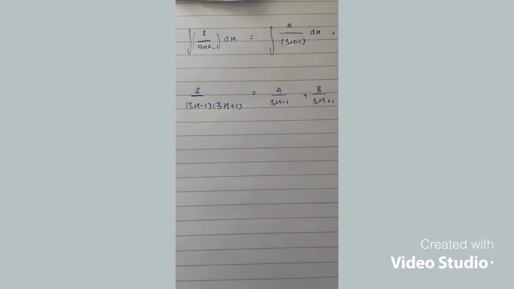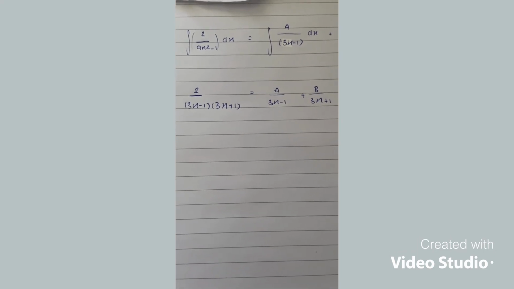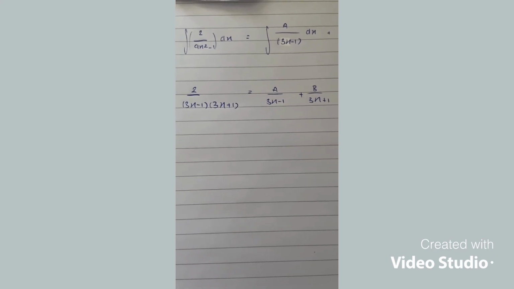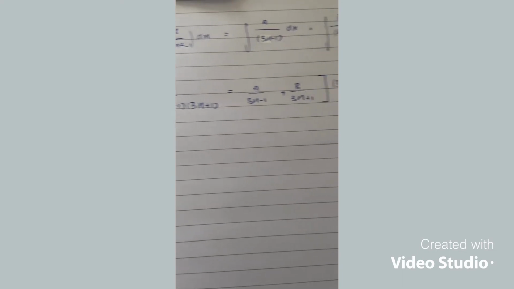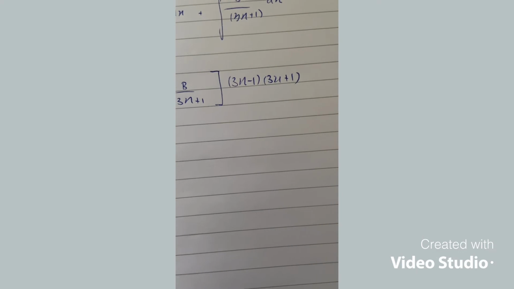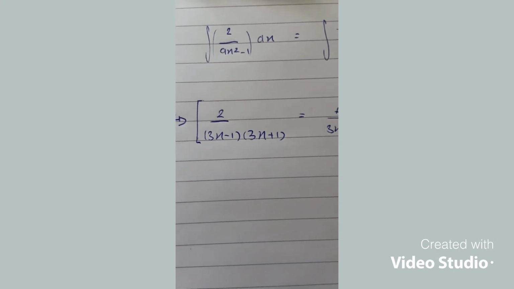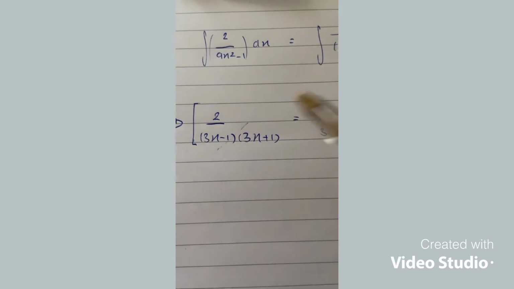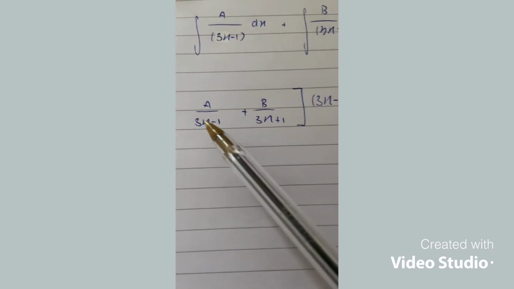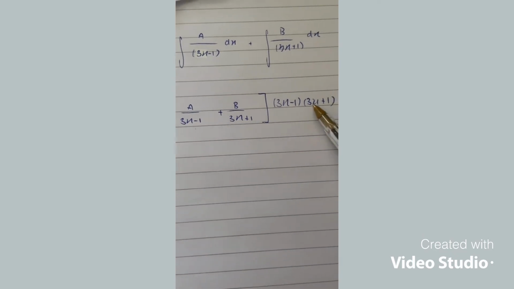So now that you have that, I'm going to multiply all of that by 3x minus 1 and 3x plus 1. Here, this cancels, so you're left with 2. Here, 3x minus 1 and 3x minus 1 cancel, so you're left with 3x plus 1.